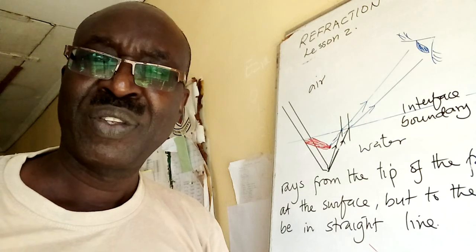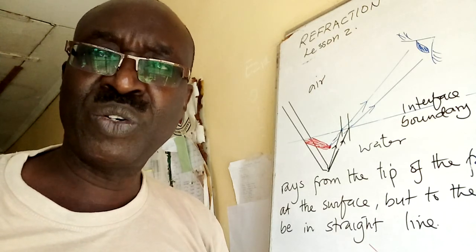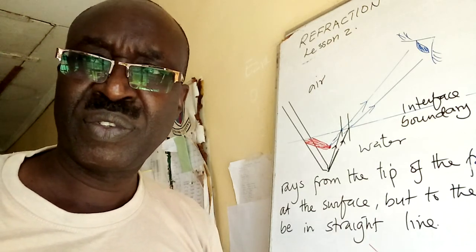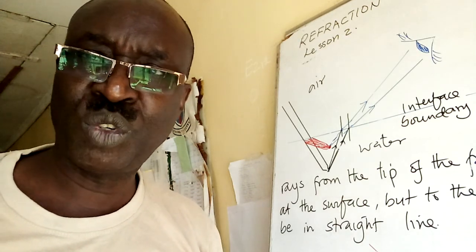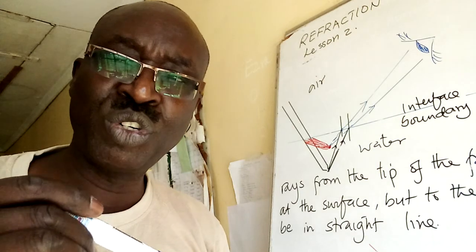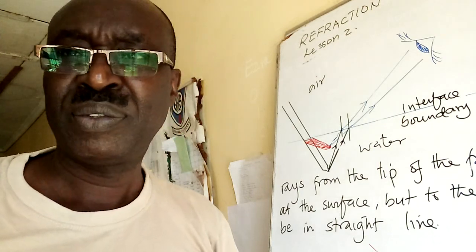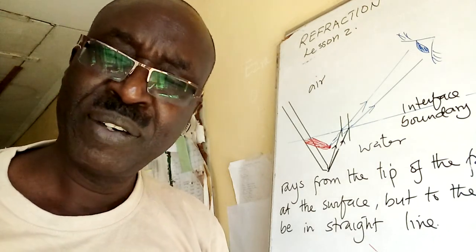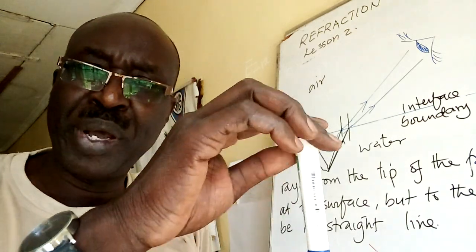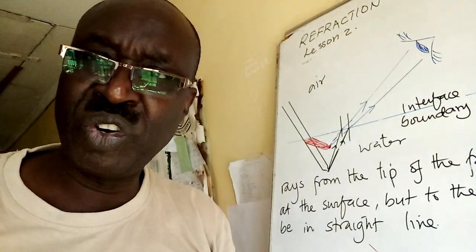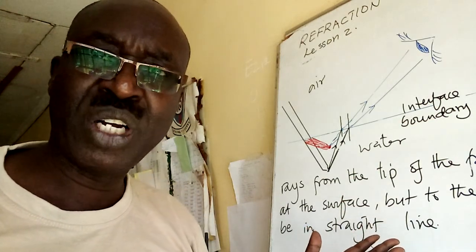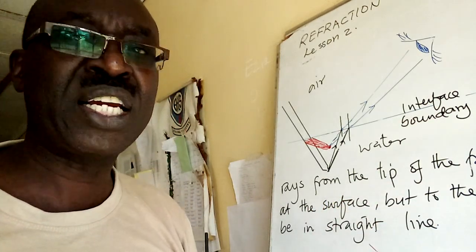Okay, and then you can have an experiment to demonstrate that. I've done two. You can put your pen in a beaker and then account for the bending. You can also put your pen straight. The tip appears raised. The explanation and the diagrams I have done here.